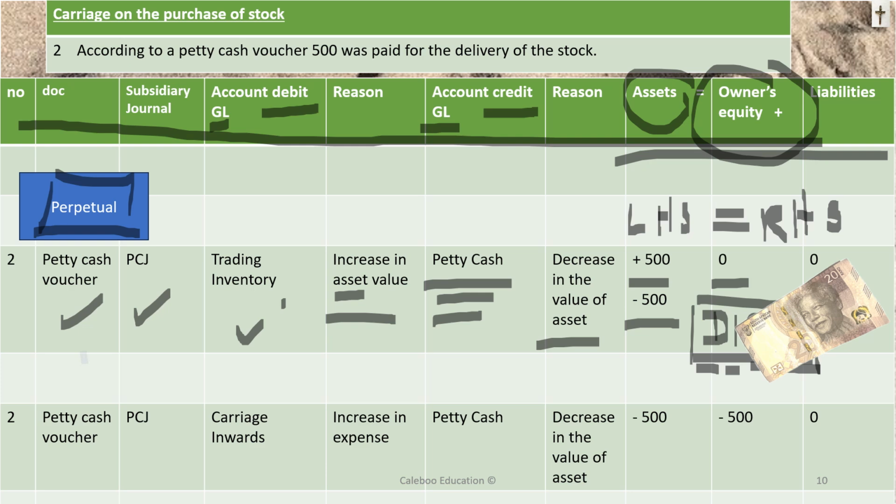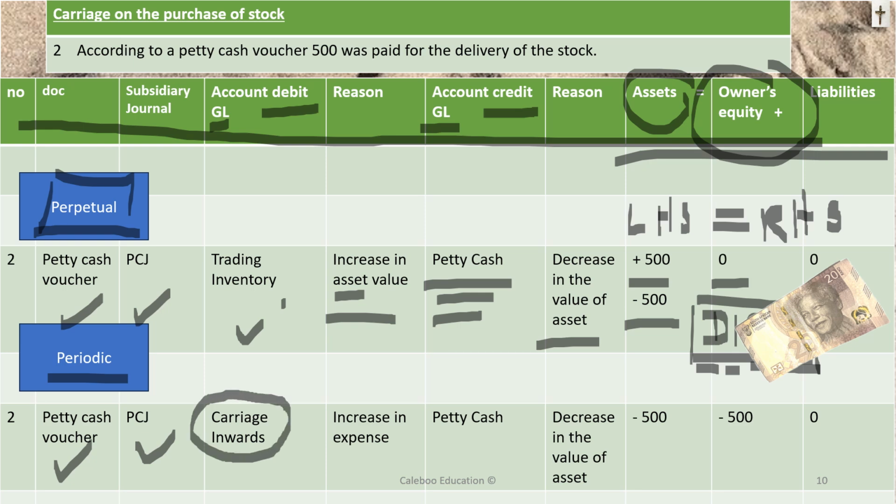Then, in the periodic inventory system, same petty cash voucher, petty cash journal. Any extra costs with regard to the stock is recorded separately. So an account for carriage inwards was opened with this transaction. It's an expense. We have an increase in expense.